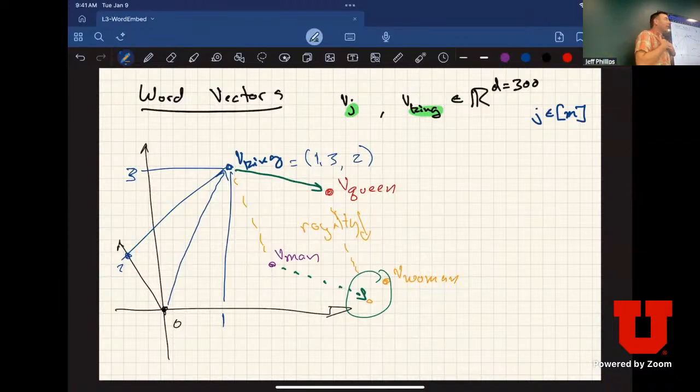Through a lot of my research, I've been trying to explore how much of this actually is linear and how much of it is that people find linearity because they're looking for it. It's not necessarily there. But these sorts of analogies actually worked. At some point, people were trying to solve questions from the SATs, the analogy questions, and they used the second generation of these representations to solve analogies by just doing king is to queen as man is to question mark, and then getting this vector and finding the nearest neighbor.